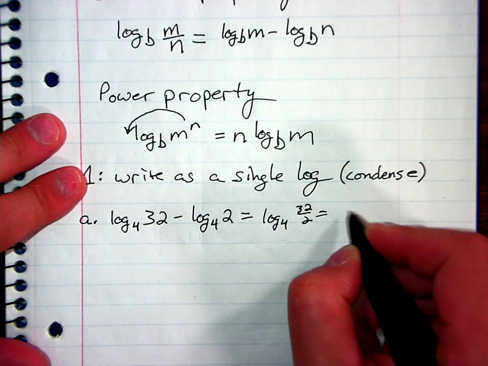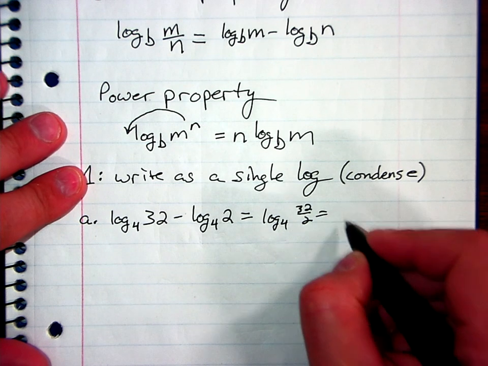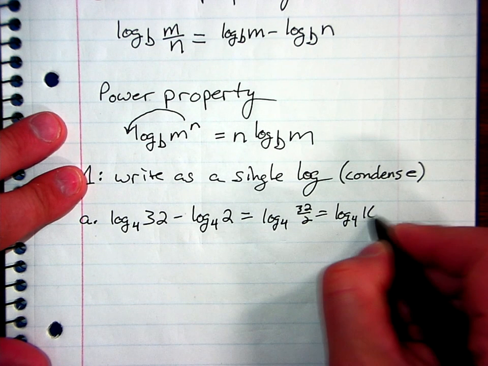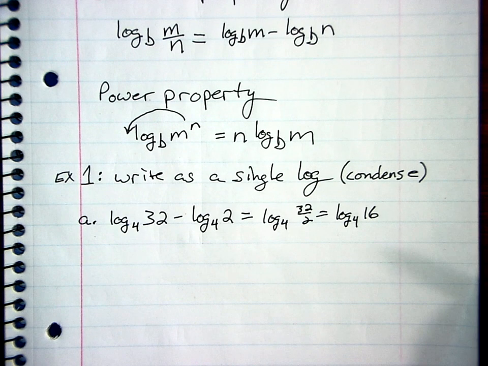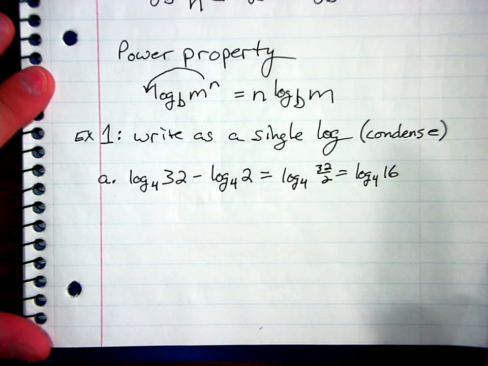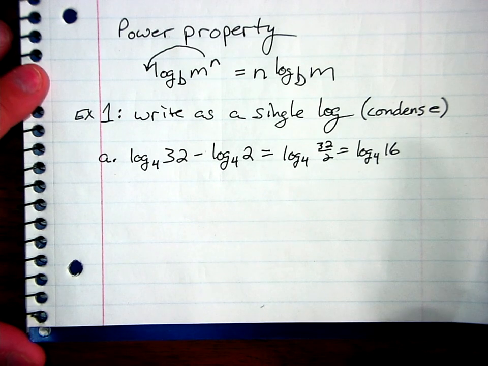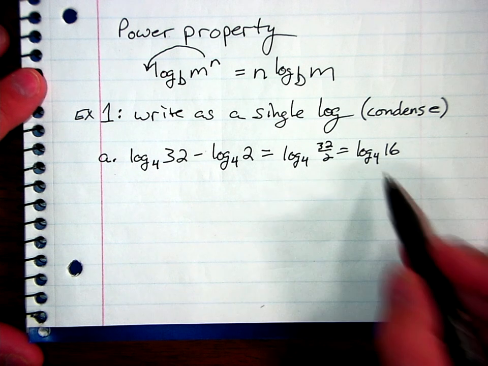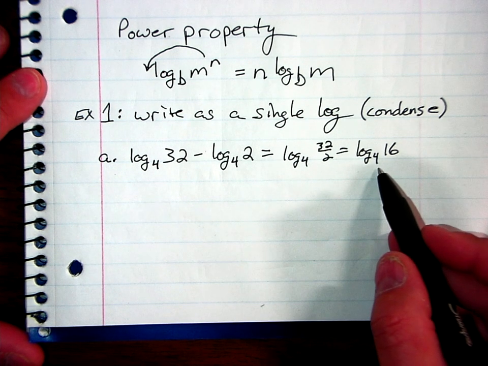What is 32 divided by 2? So log base 4 of 16, and that is your final answer. We could solve for it, but we're not going to today. I can show you later, not right now.